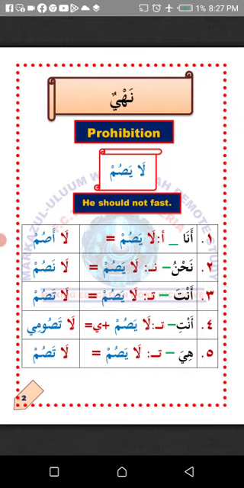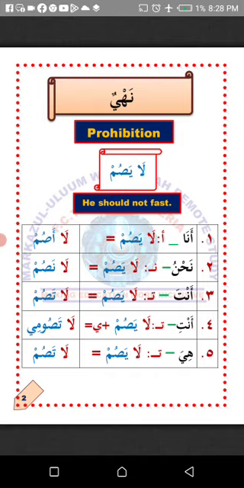Talking to a single male person. Arba'a, number four. Anti, you, representing a single female person. So how do we change the verb la yasum to suit anti? All you need to do is to detach yaun and attach ta'un. Not only that, then you attach yaun to the last letter.